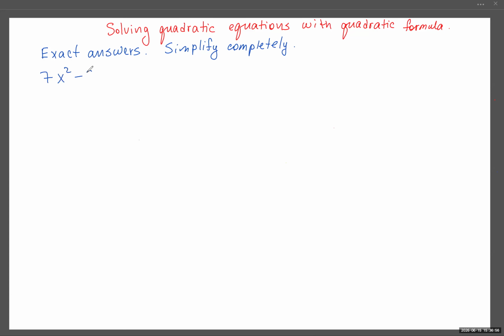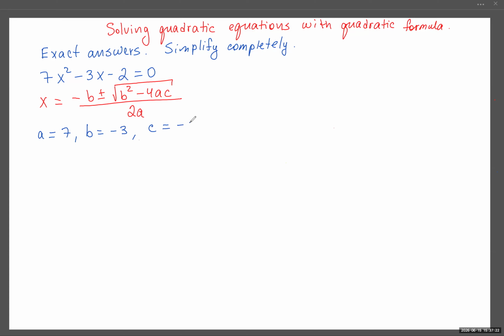7x squared minus 3x minus 2 equals 0. Just in case you don't remember it, I'll go ahead and put the quadratic formula down. x equals minus b plus or minus square root of b squared minus 4ac, divided by 2a. Now for this particular example, a equals 7, b equals -3, and c equals -2.